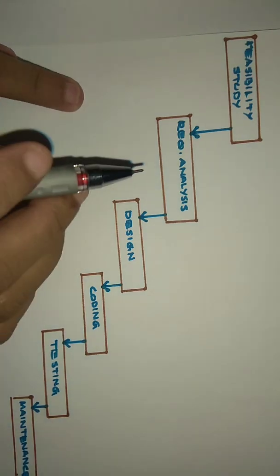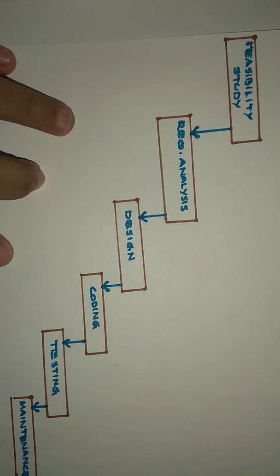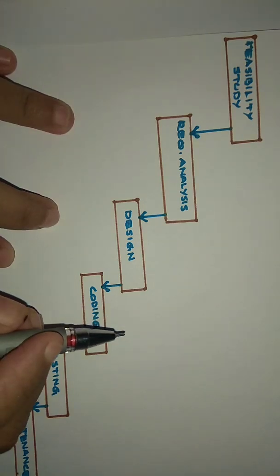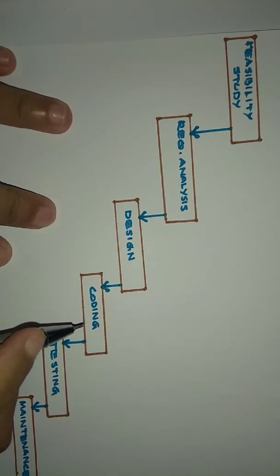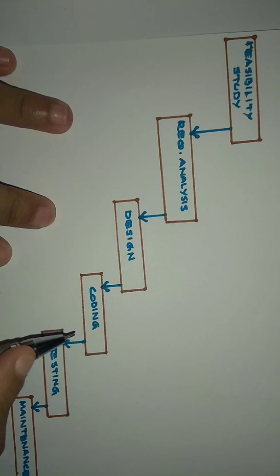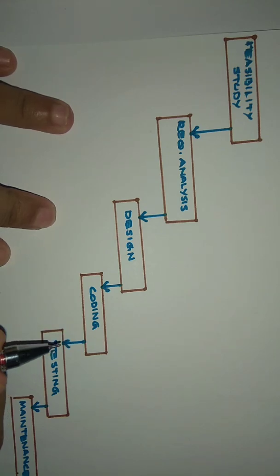First one is feasibility study. The main goal of this phase is to determine whether it would be financially and technically feasible to develop the software.